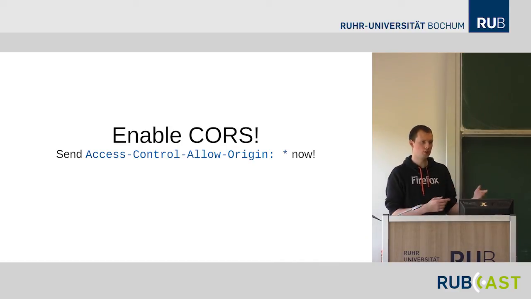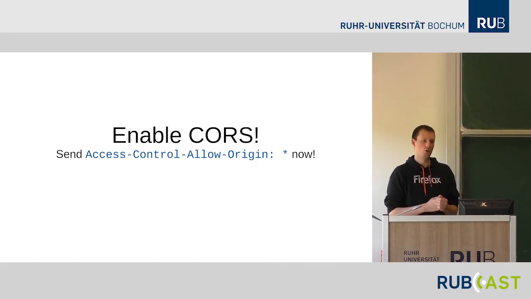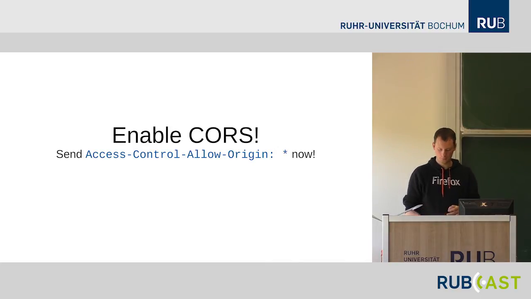I actually started talking to the infrastructure and operations guy, and I'm really looking forward to talking to them, because I think there is no downside for them to sending this extra header, and there's a lot of benefit to actually do this. But if you host a content delivery network, or intend to host one, or know someone who has one, talk to them or let them talk to me. We need to enable CORS.